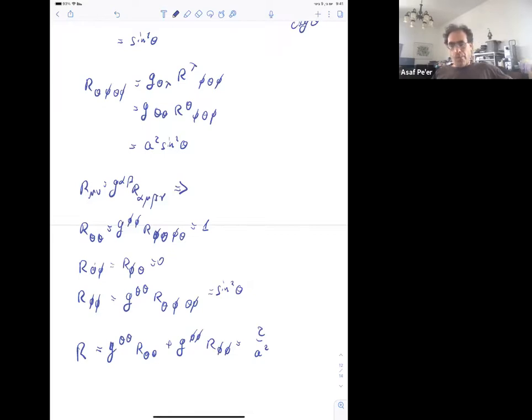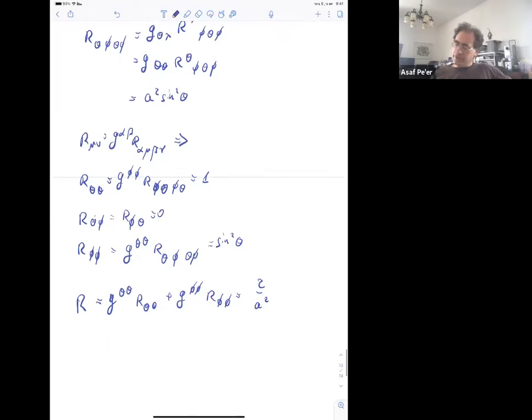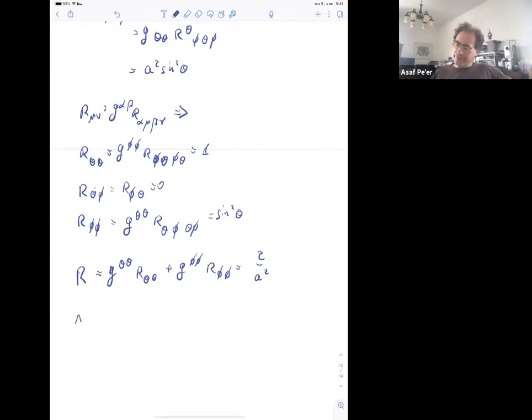So the Ricci scalar is constant. Right? Every place along the sphere, it is constant. And that's why we call a sphere maximally symmetric. But it's constant and it's always positive. It's absolutely positive.